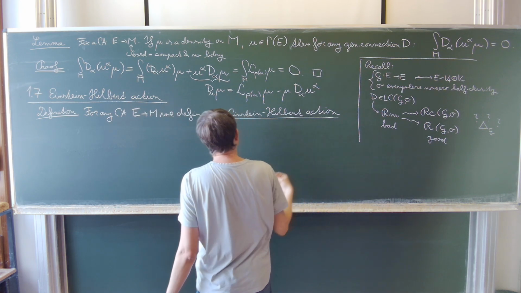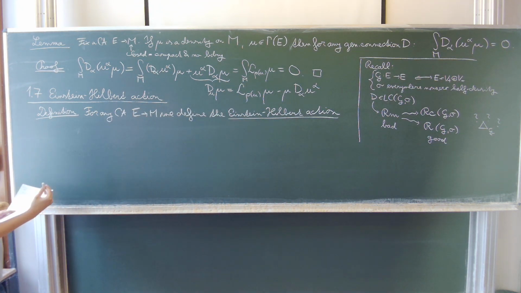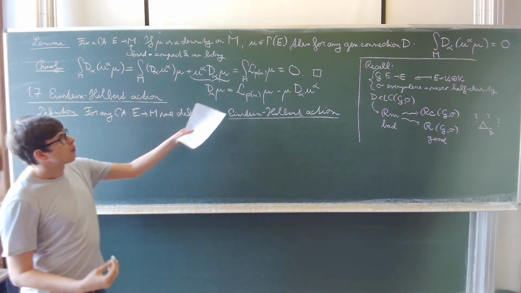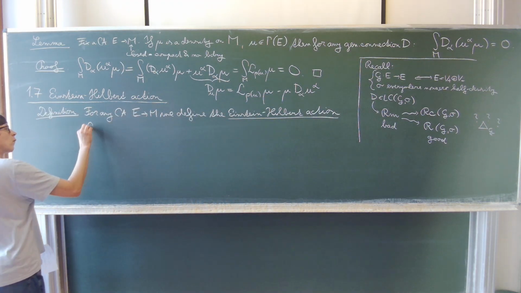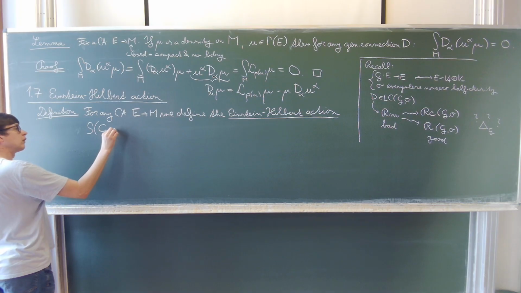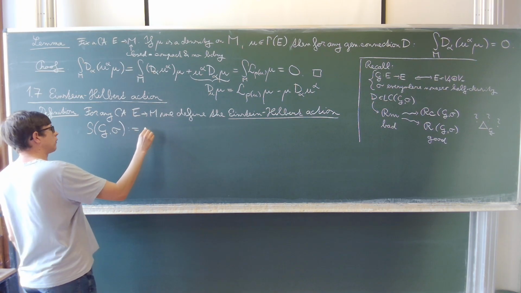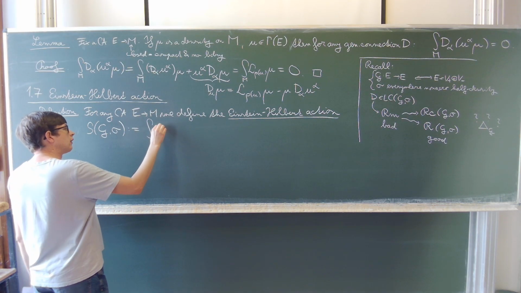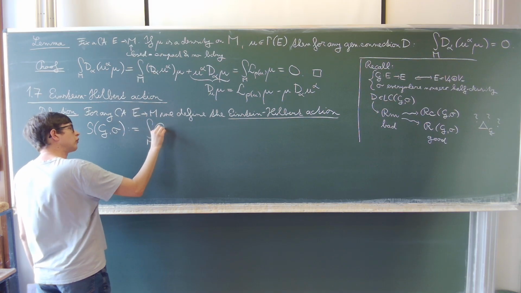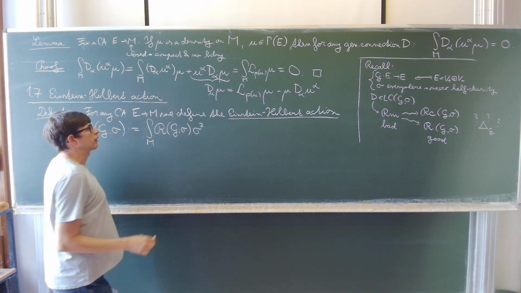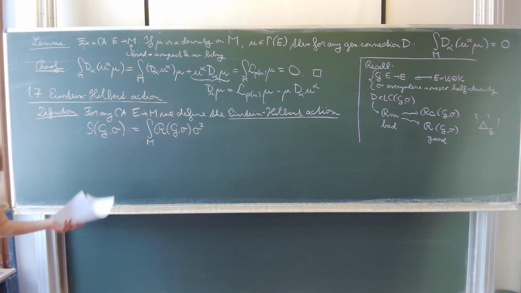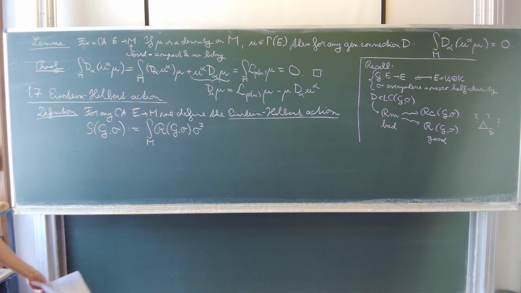So this is an action functional. It's a function on the space of this data, generalized metrics and half densities. And we define it to be simply the integral of the scalar curvature times sigma squared. If you are given these two data, then the only thing that you can really write is this.